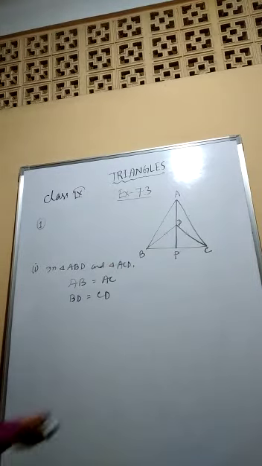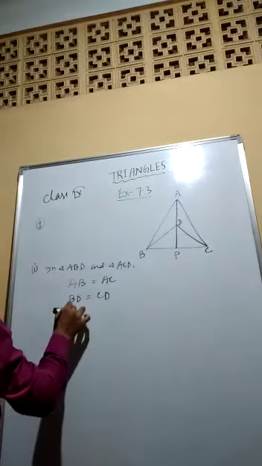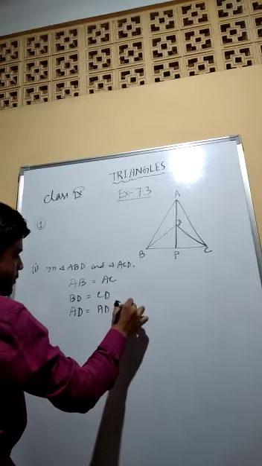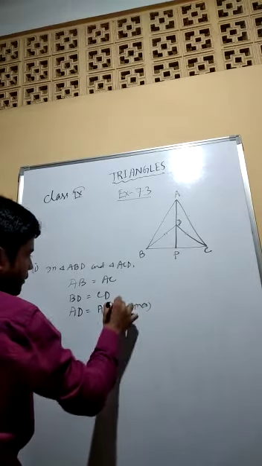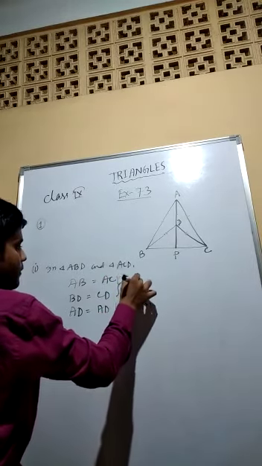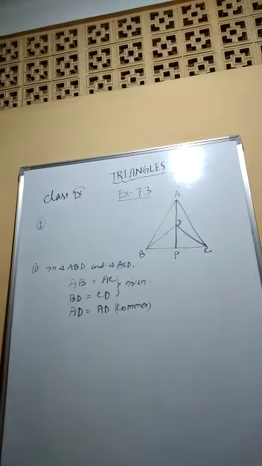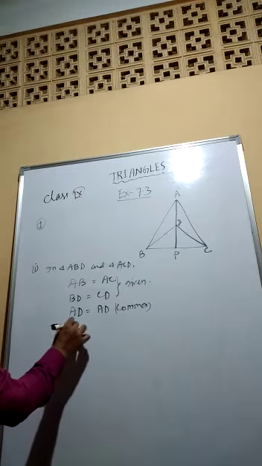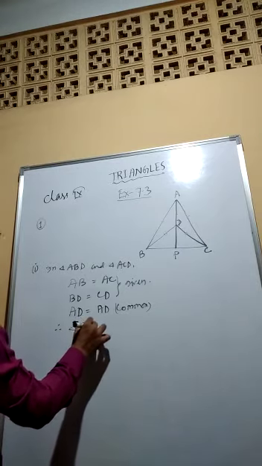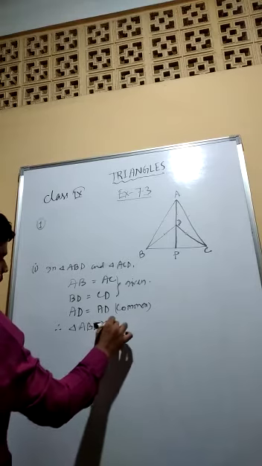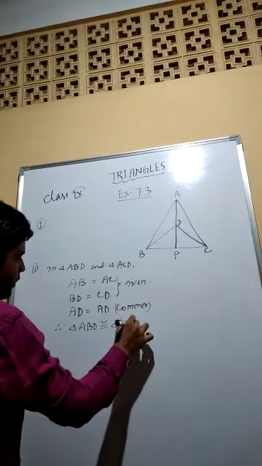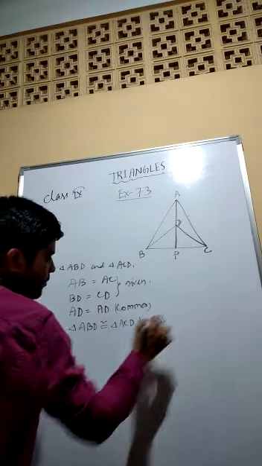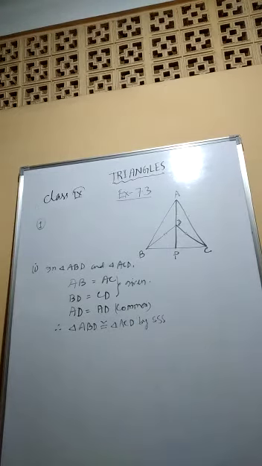Moreover, one more condition: you see this side is common, that is AD is common, and these two are given. So by which property? All sides are equal. Therefore triangle ABD is congruent to triangle ACD by the SSS property. So part one is finished.